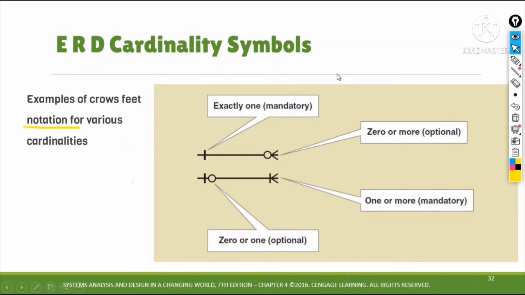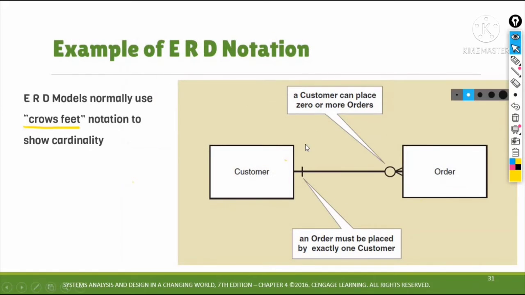So this figure here shows an explanation of ERD relationship symbols. So the model in this figure actually says that a customer places a minimum of 0 orders and a maximum of many orders.